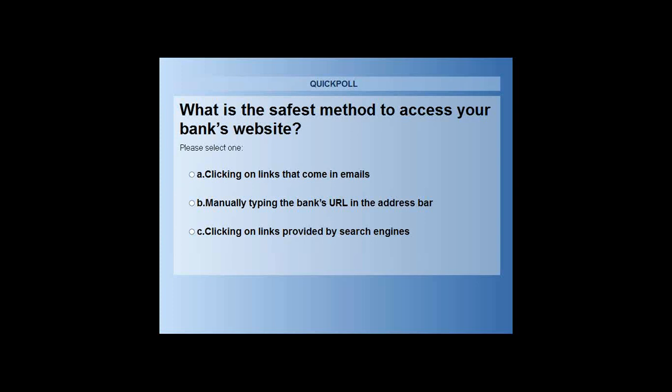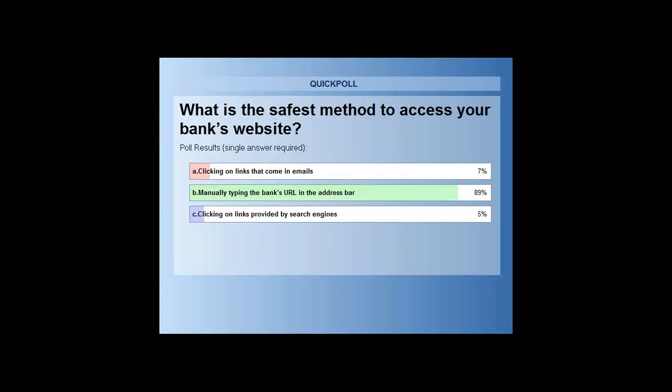I think the majority of the audience has already cast their vote, so I'm going to close the opinion poll and share with you what the results were. Again, I'm very happy to see today's audience being so informed about the security measures to be taken. You are very correct in choosing the option of manually typing the bank's URL in the address bar.